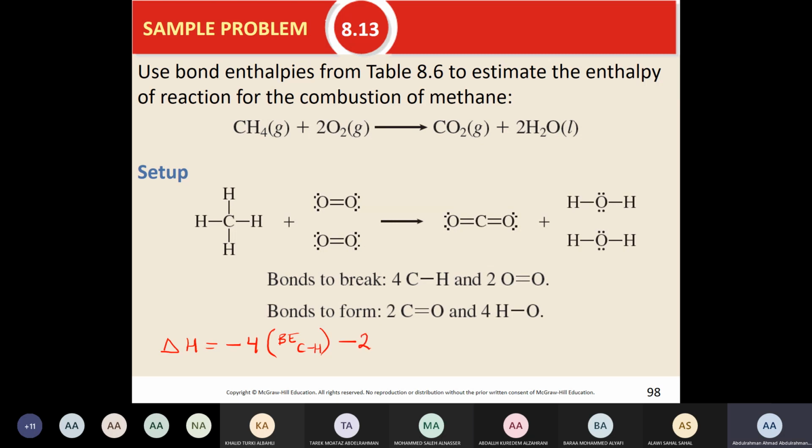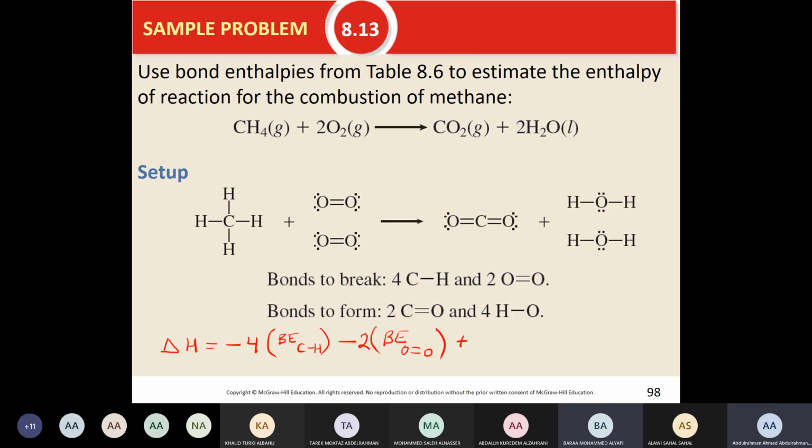Two times the bond energy of O, not O, but how many? Double bond O=O. Good. And then what? Plus. Yes. What is it? 4 C-O.